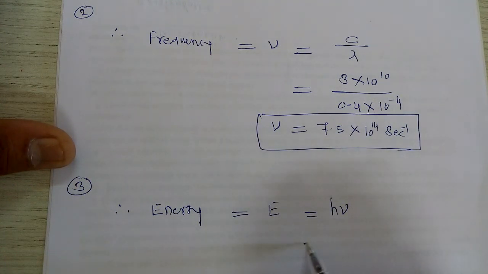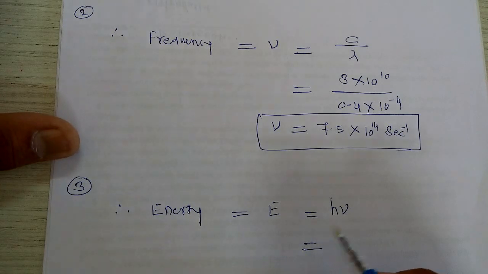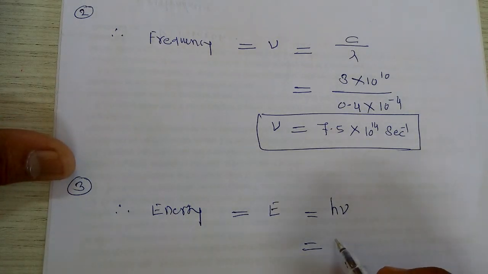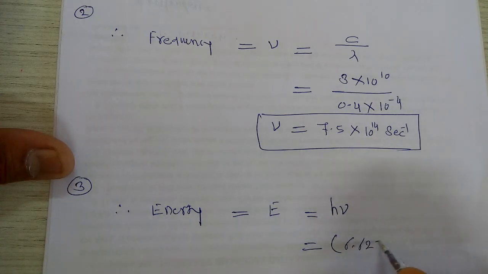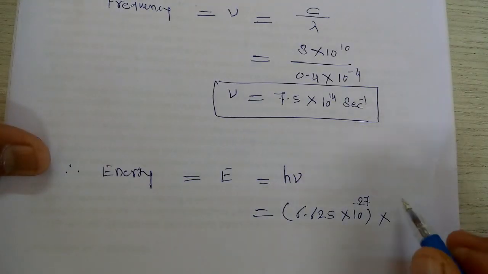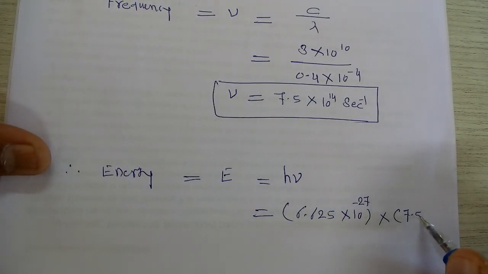So if we substitute the values for Planck's constant and frequency, the value for Planck's constant is 6.625 into 10 raised to minus 27 multiplied by the value for nu, which we just calculated, 7.5 into 10 raised to 14.